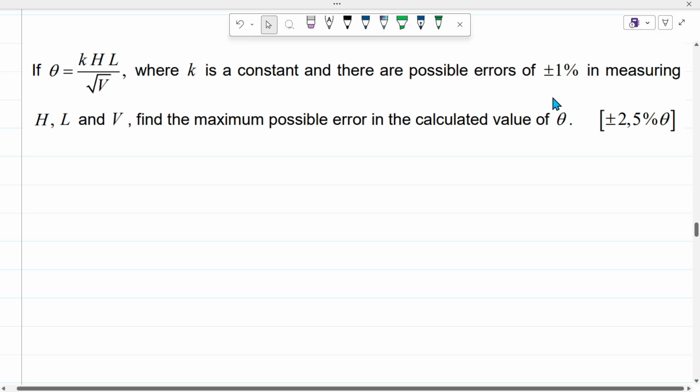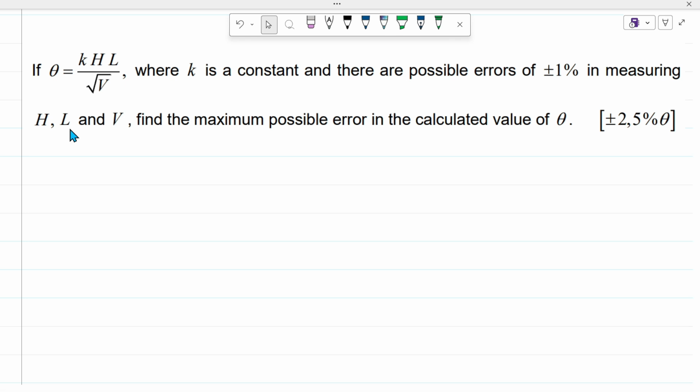I'll show you what I mean by that. So the possible errors of all of these, H, L and V, are 0.01.